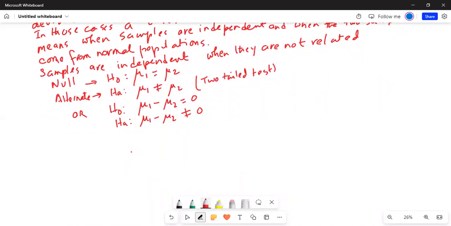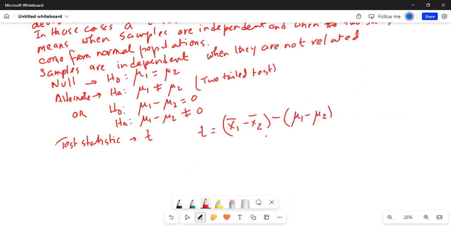My test statistic in this case is t, and t is equal to x1 bar minus x2 bar minus mu1 minus mu2, and the whole thing is divided by square root of s1 square by n1 plus s2 square by n2.